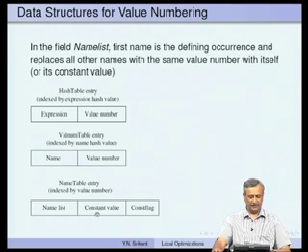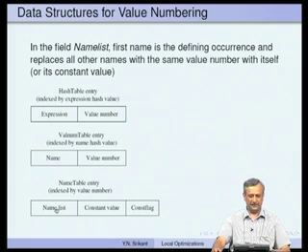Inside the name table we store the constant value of that particular name if it is a constant, and then set the const flag to 1. If the name that is stored here is not a constant, then this is set to 0, and then this particular field has no relevance.